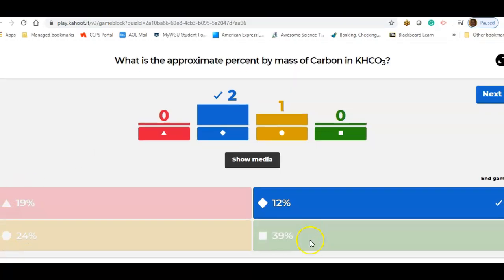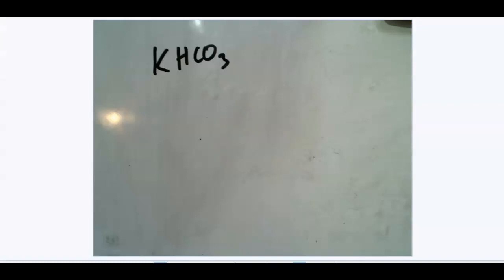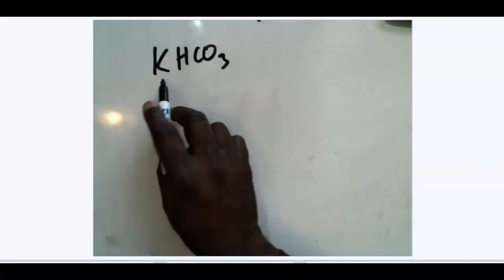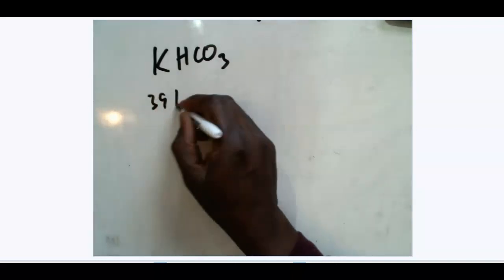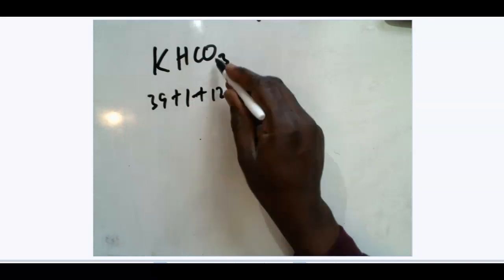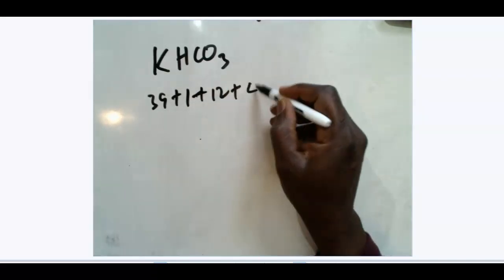All right, we have KHCO3. We're looking for the mass percentage of carbon. So potassium is 39, plus hydrogen, which is 1, plus carbon 12, plus oxygen, which is 16 times 3, gives us 48.